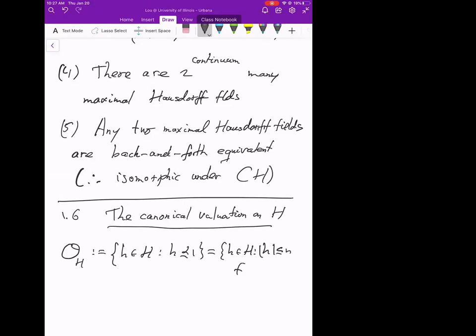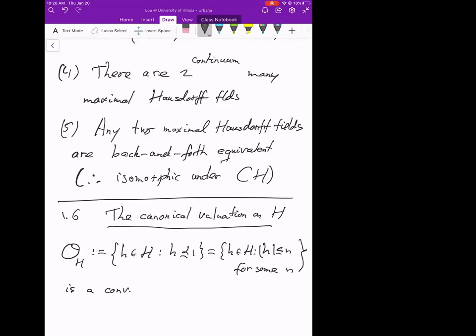By the way, if I write m and n, I always mean a natural number, right? For some n. m and n in my world are always natural numbers. So this is a convex subring, right? Between any two elements of O_H, the things in between are also in O_H.